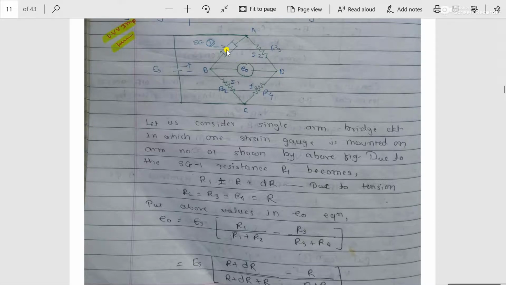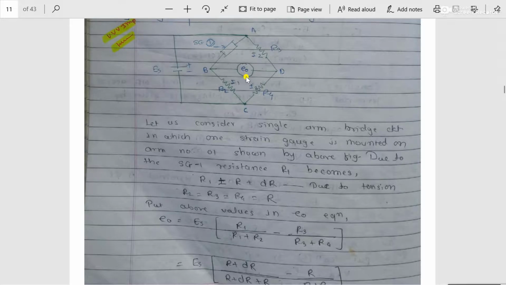If strain gauge 1 is 350 ohm, the remaining three constant resistors, R2, R3 and R4, are also 350 ohm. If all the arms are 350 ohm before application of load, then E0 is equal to 0.